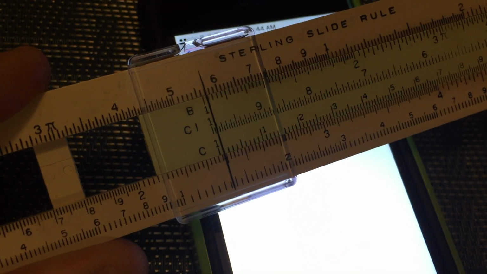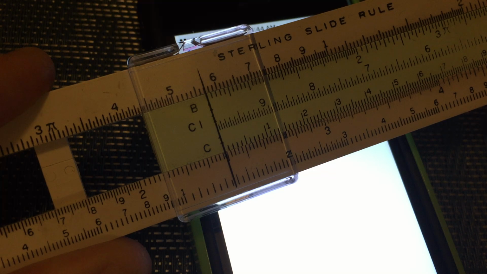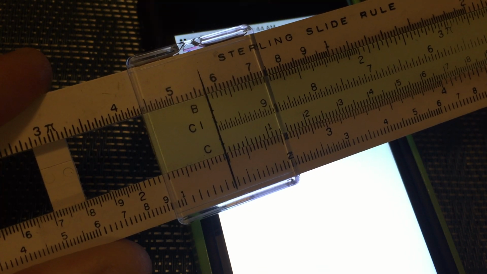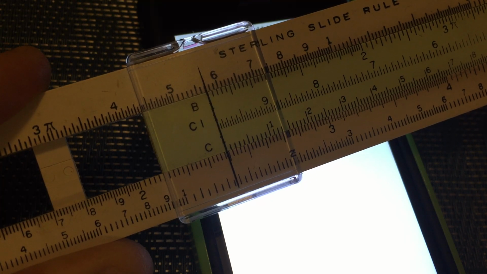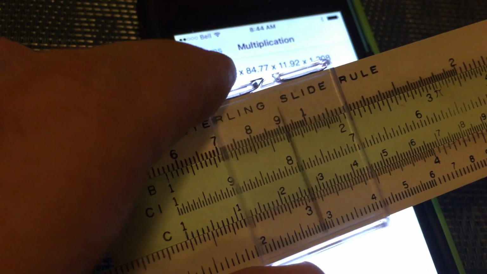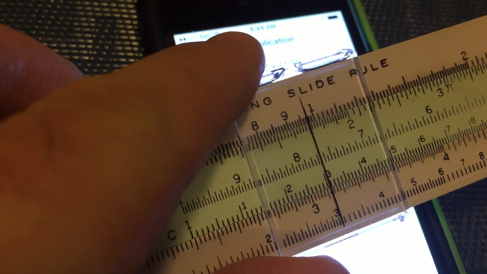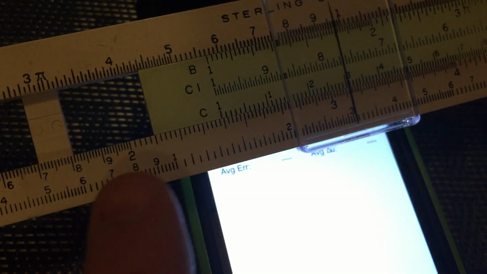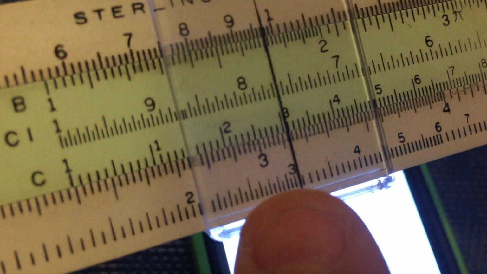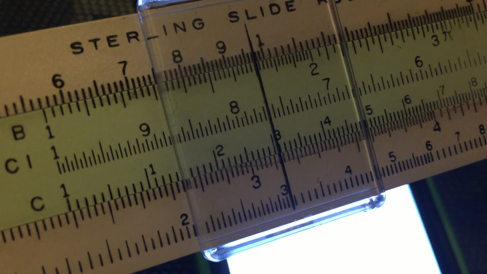So we're going to go to here, okay, 1.3, oops, got to keep that close, 1.308. So it's going to be roughly around there, okay? So our answer is 2, okay, 3, that's 3.1, and that's just over the tick mark.